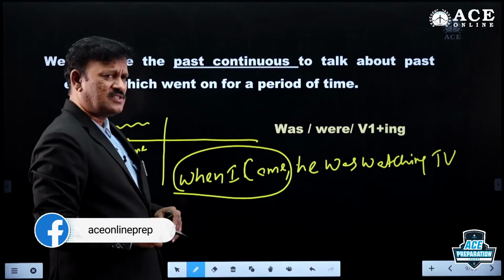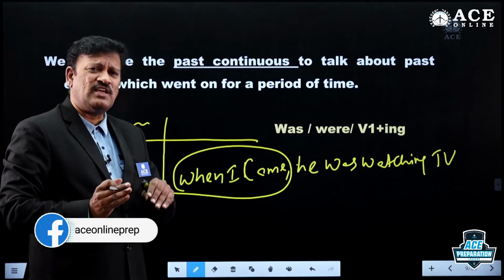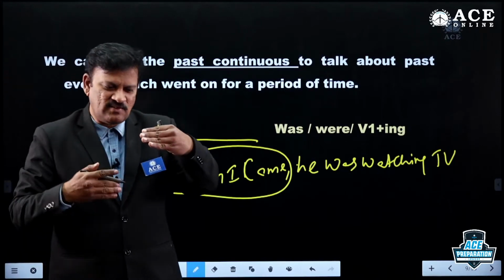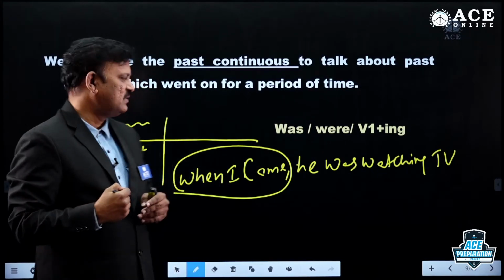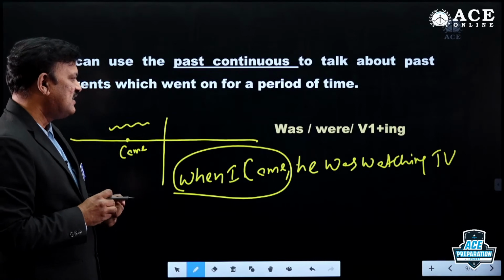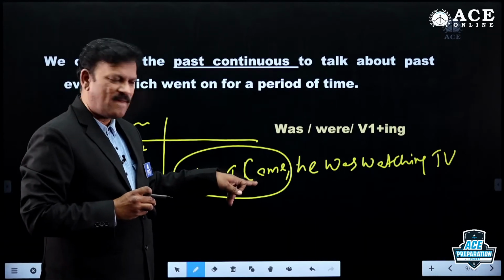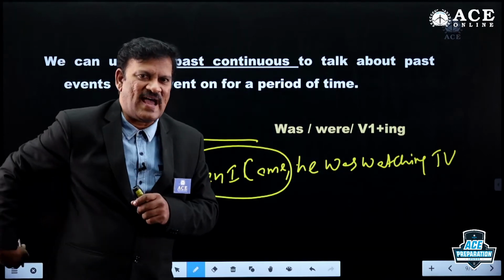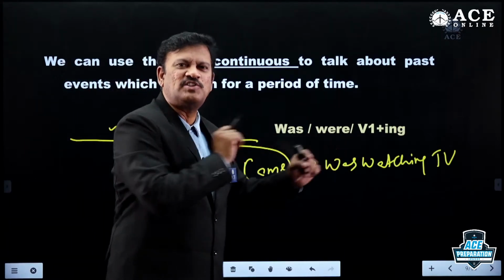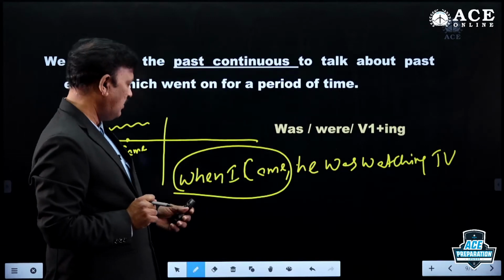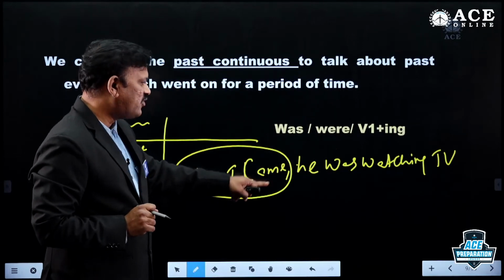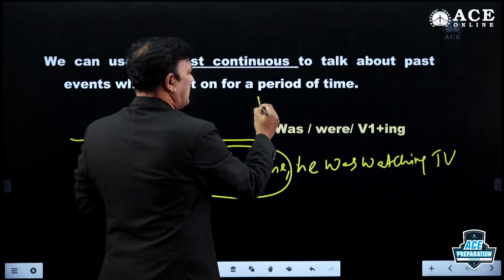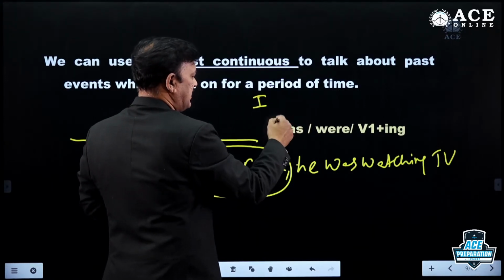You can see this from another angle. Two actions, guys. One background action. This is the completed action, and this is the background. You can imagine somebody just stepped in, and somebody was watching TV. So this is the way this is used: V2 form and this continued form. It depends on the person.